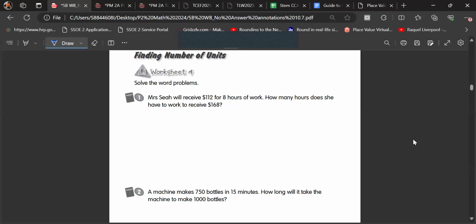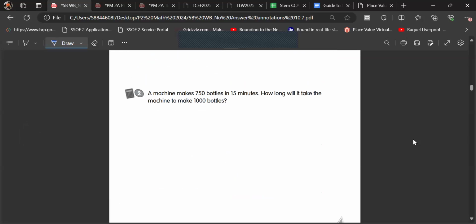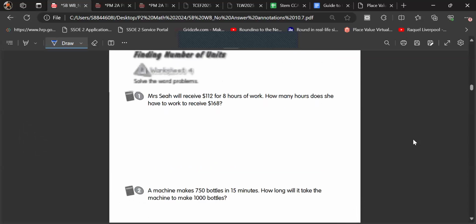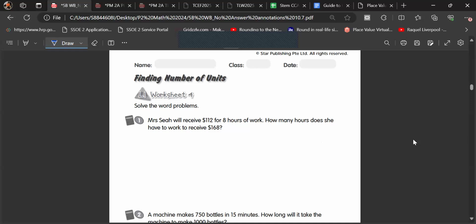So now in this part, page 51 and page 52, we are looking at the new segment called number of units. So in the chapter of rate, we realize that there's this relationship.